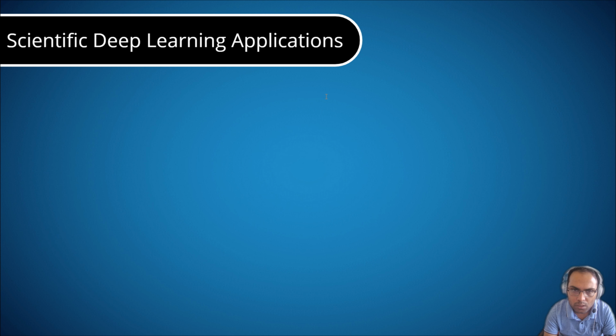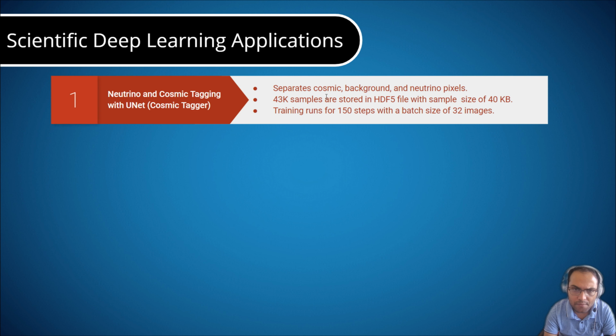In this work, we looked at 8 applications as described before. Let's look into each of these applications on their high-level goal and their dataset features. First, we have the neutrino and cosmic tagging with UNet application, which is also called cosmic tagger.